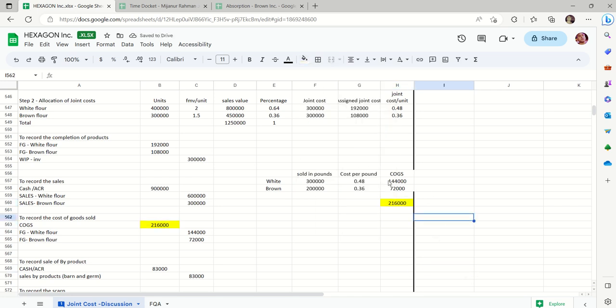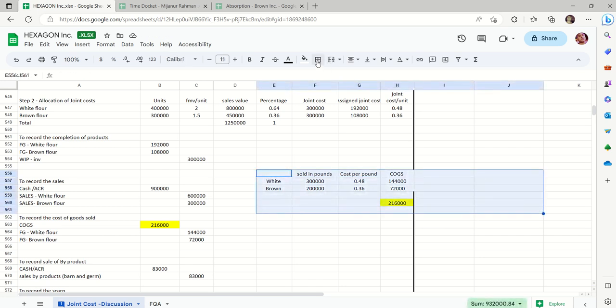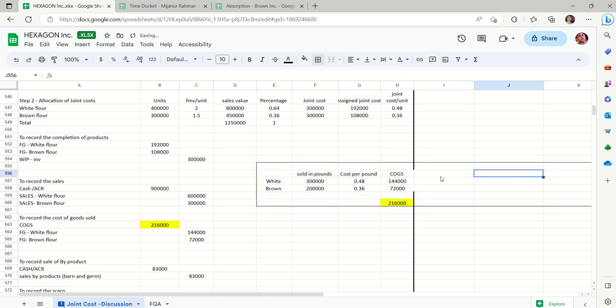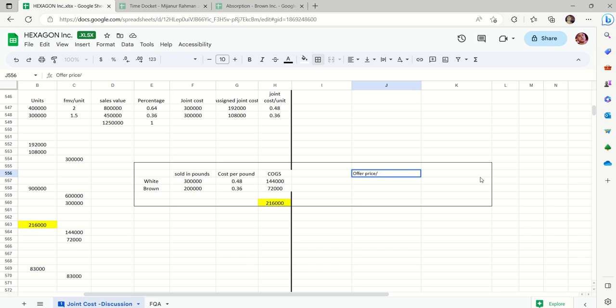Right? Now, obviously, this is your cost, but let's say, for example, your friend comes to you and offers you, so he offers you how much?